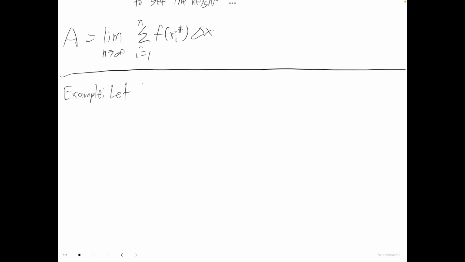So now let us look at another example. Okay, and so we're going to let A be the area of the region under the graph of f of x equals e to the minus x between x equals 0 and x equals 2.